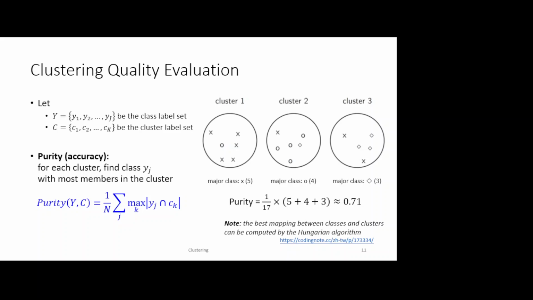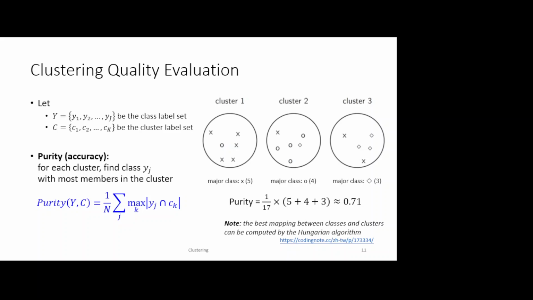The purity is given the class label set Y and the cluster label set C. You can calculate the accuracy like this. It's actually your class label intersecting with your cluster label, and we want to find the maximum over k. It means I want to find which cluster k is maximized here.